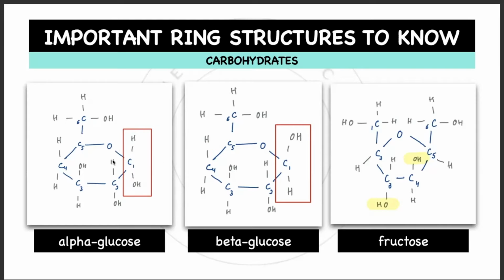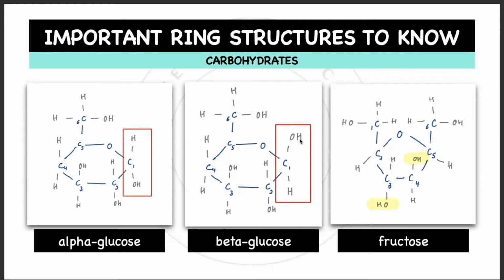So for glucose, it's actually a 6 carbon chain, and how you draw it, actually you just put the oxygen here first, and then you link it with the first carbon, second, third, fourth, fifth, and sixth. So remember, it's actually a hexose. Now the difference between alpha glucose and beta glucose is the placement of the hydroxyl. So for alpha glucose, the hydroxyl is placed below, and for the beta glucose, the hydroxyl is placed above.